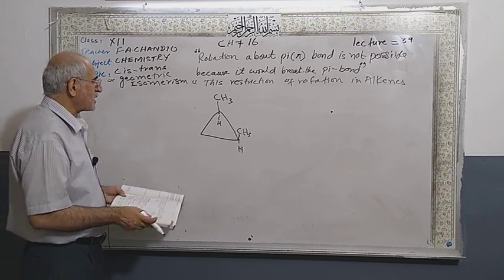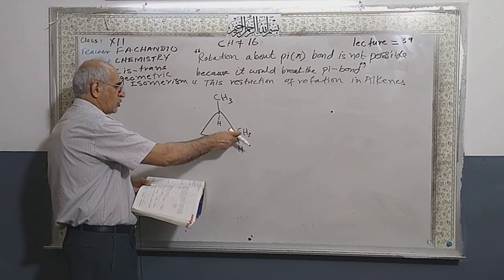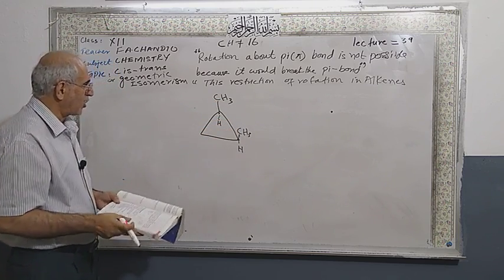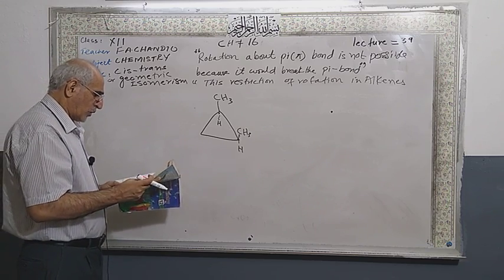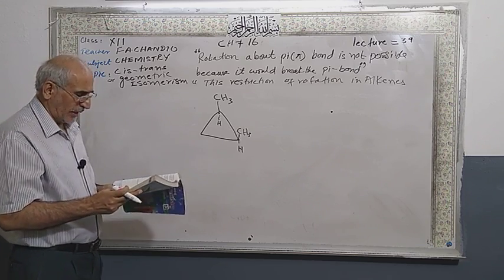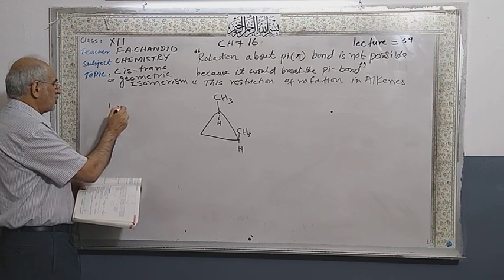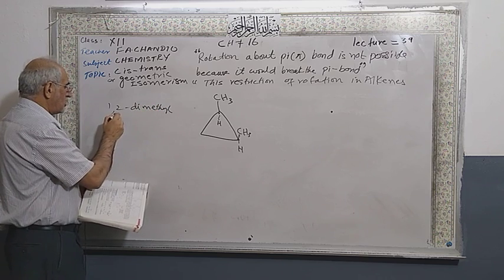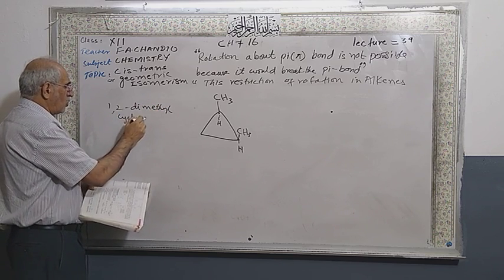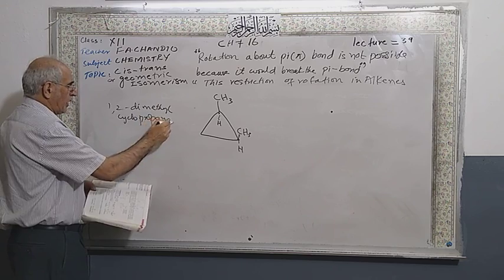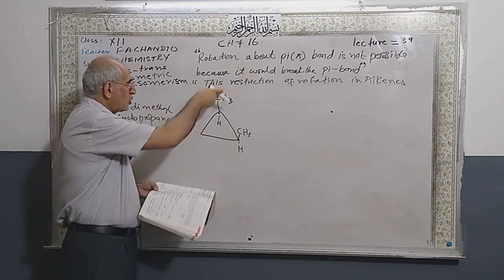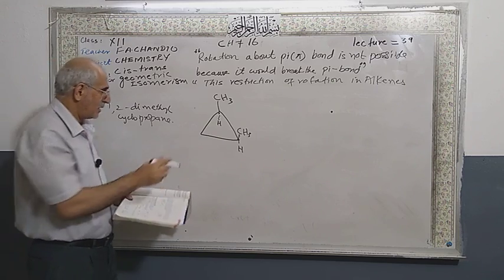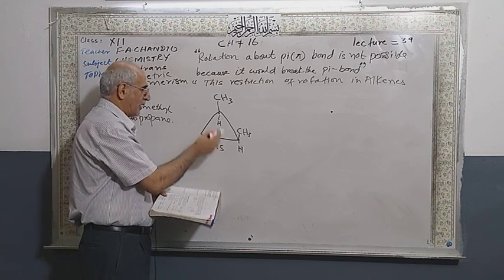So dear students, this compound is called 1,2-dimethyl cyclopropane. Two groups on the same side, so this is called cis. This is a cis arrangement.